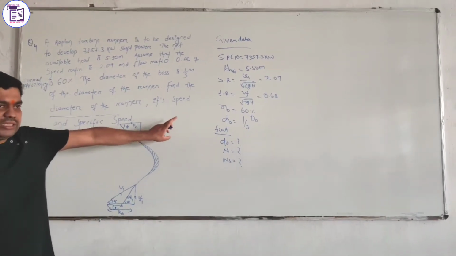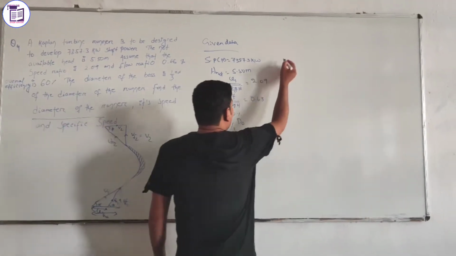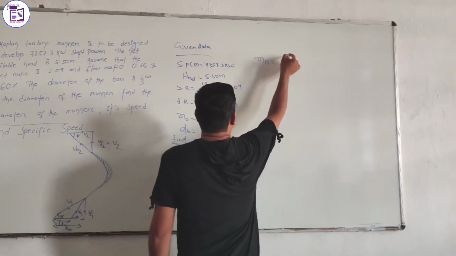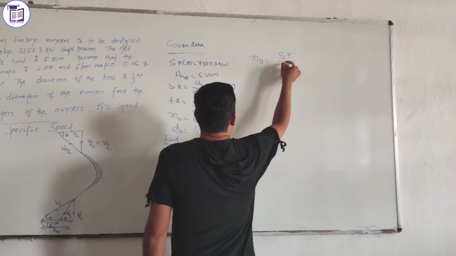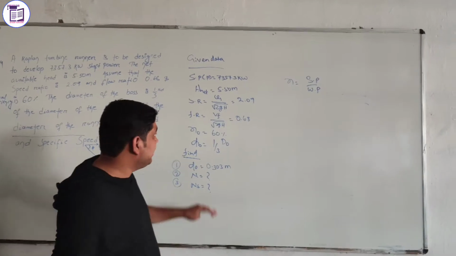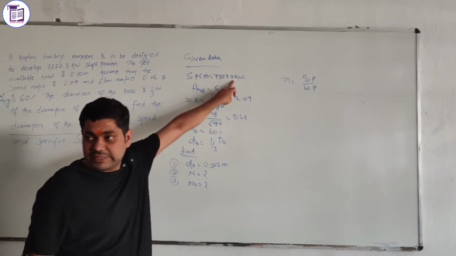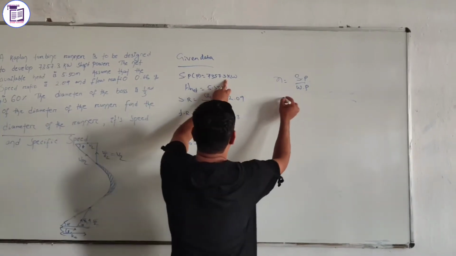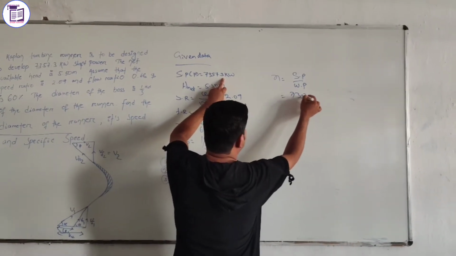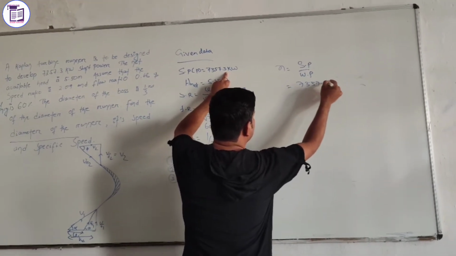Using the overall efficiency formula, the overall efficiency is shaft power by water power. In your given data, the shaft power is 7357.3 kilowatt. Now put in the value of 7357.3 kilowatt.